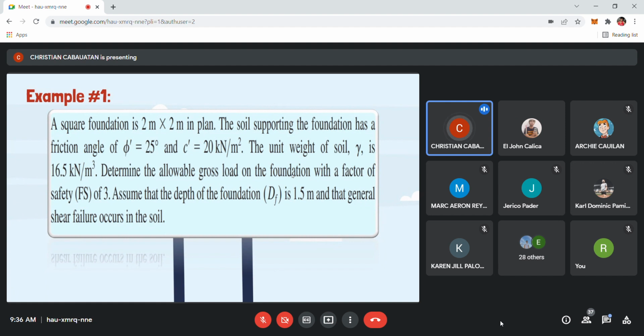Ano yung hanapin natin? Engineer Jan, andyan ka ata? May gusto kong sabihin? Yung allowable po, sir.